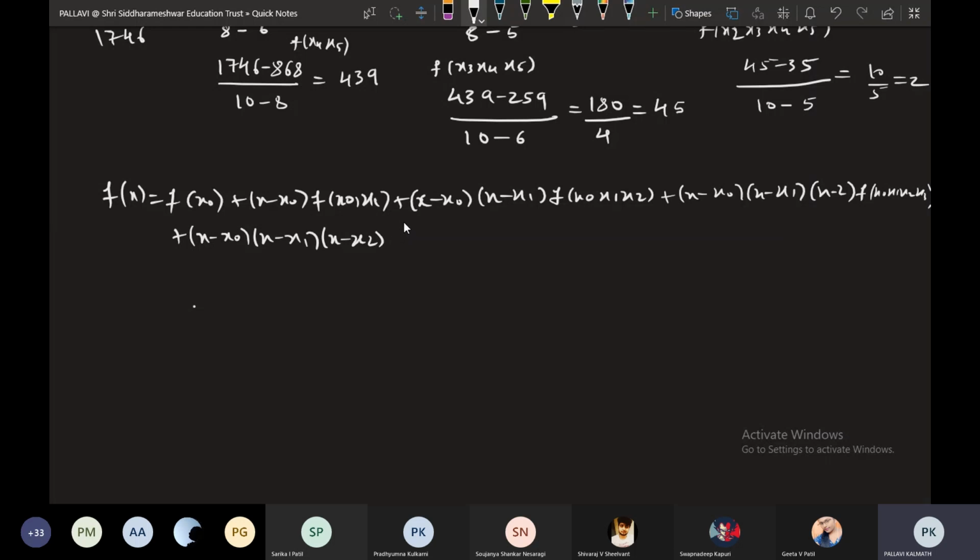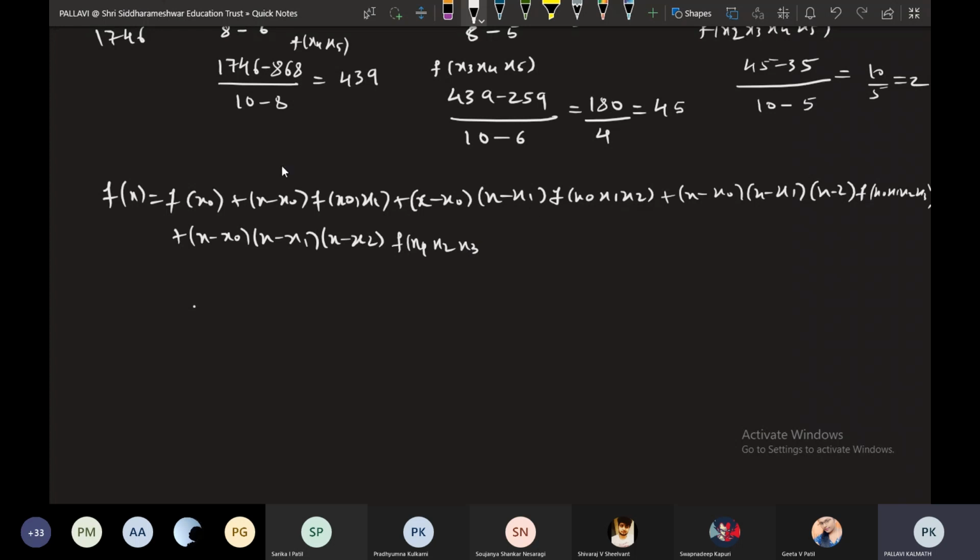Till where will we go in the formula? One more time, it is x1, x2, x3, x4, or it is finished. Only so much, or you can write plus and so on.